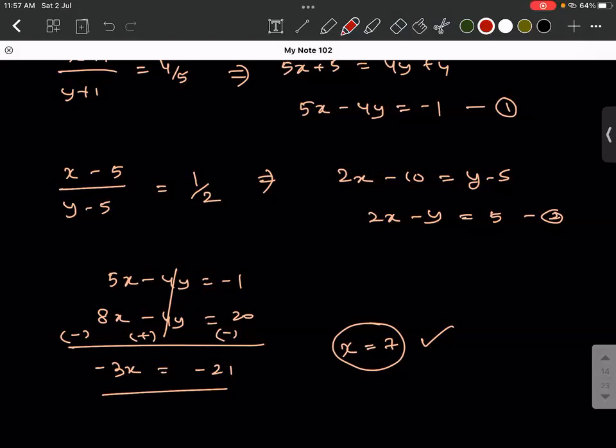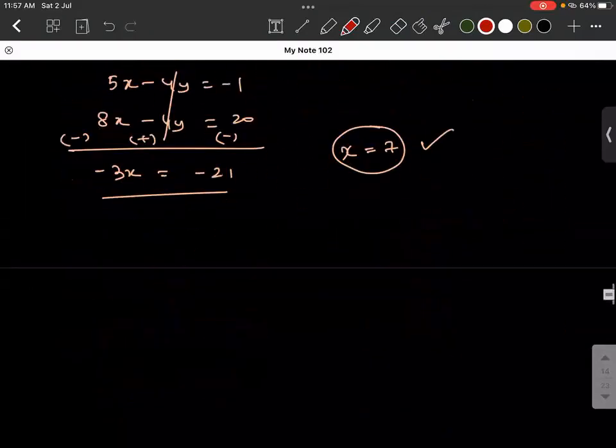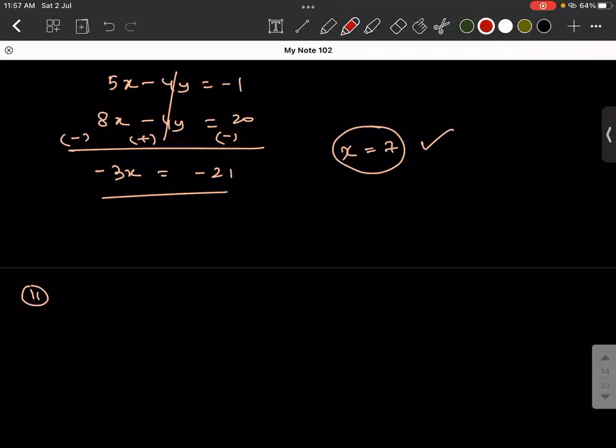Good, one last problem. Word problems they have already done from NCERT, so you'll be familiar with these things. Okay, let the cost of a chair be x.